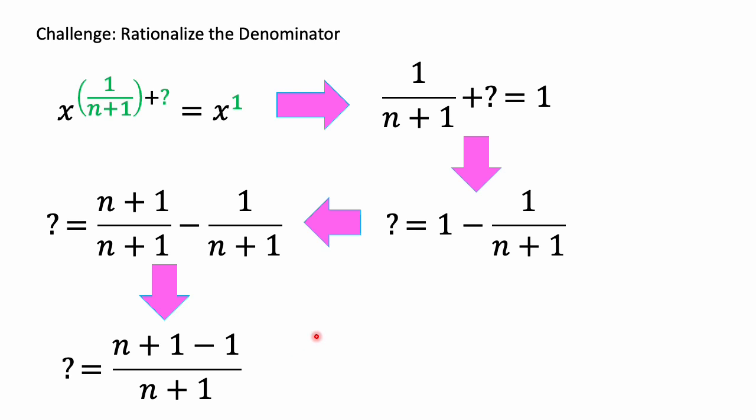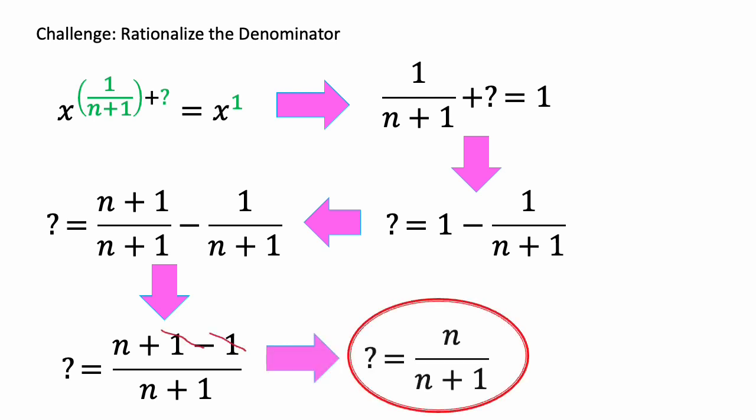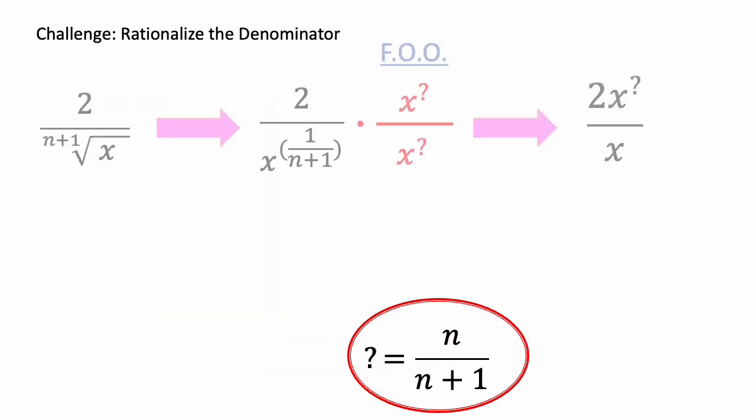So we get n plus 1 minus 1 over n plus 1. And we can simplify our numerator. Plus 1 and minus 1 gives us 0, so we're left with just n over n plus 1 is equal to question mark.